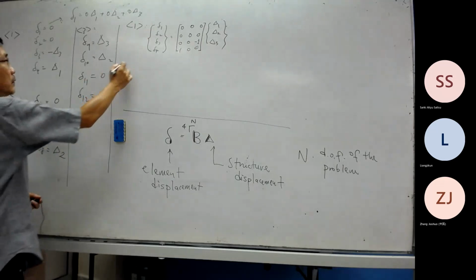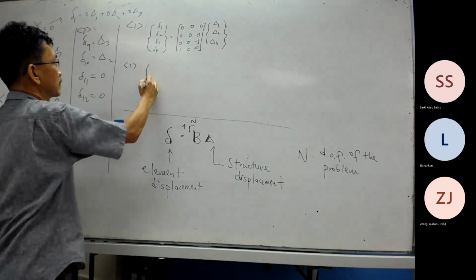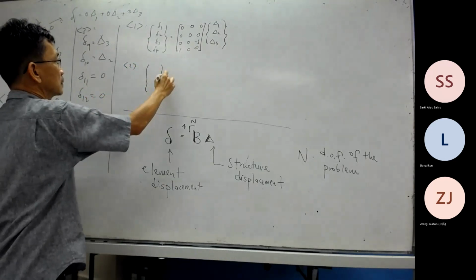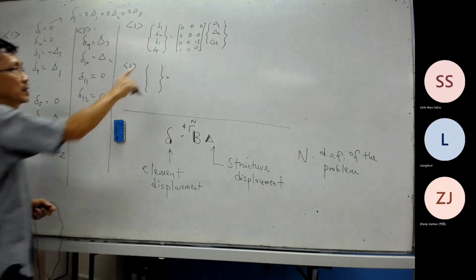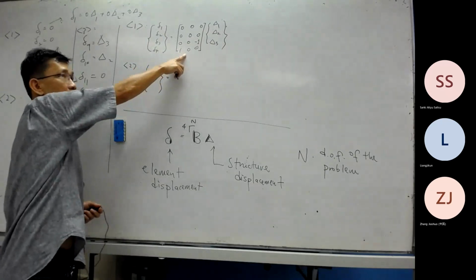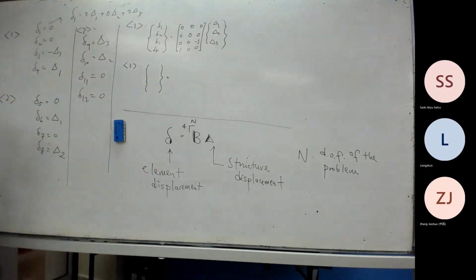Now let's write the B matrix for element number 2. So class, you have this B matrix now. This is the B matrix for element 1. Always 4 rows.